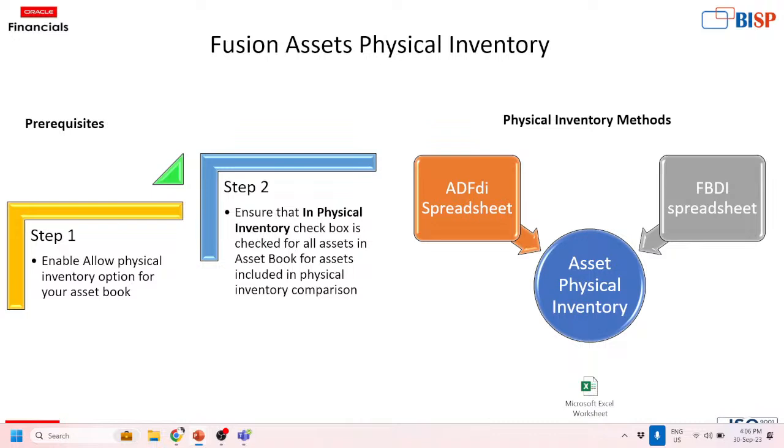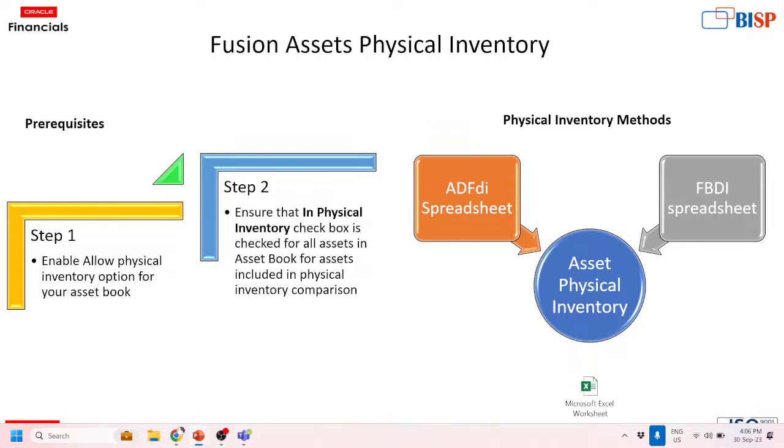There are 2 methods for loading physical assets in the inventory comparison process. One is the ADFDI spreadsheet, and another one is the FBDI spreadsheet. We will use the ADFDI sheet for our demonstration purpose.